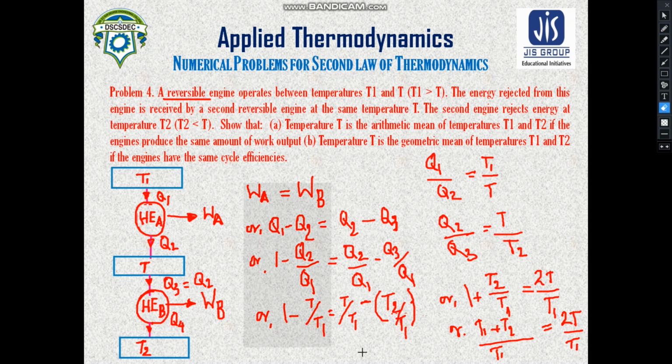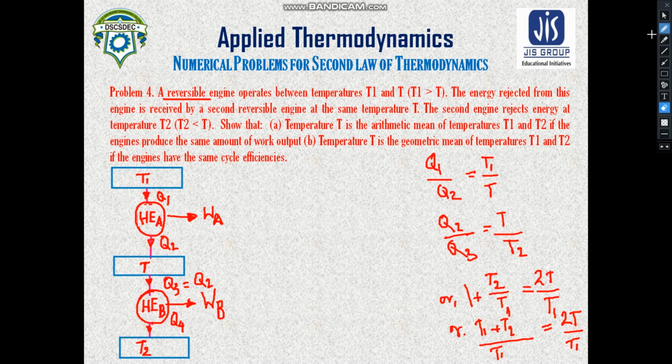Now I will just clear up this space. Here the problem is almost completed. So here you can see that T becomes T1 plus T2 divided by 2. Very simple.